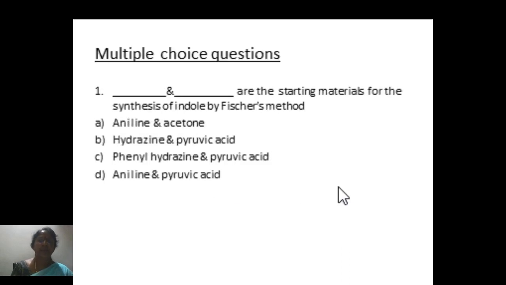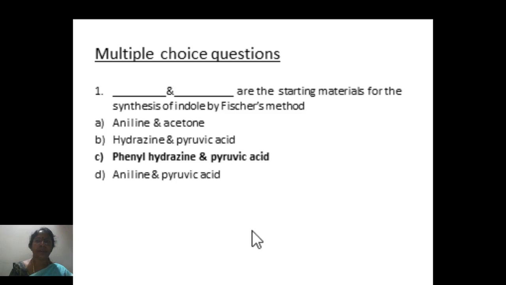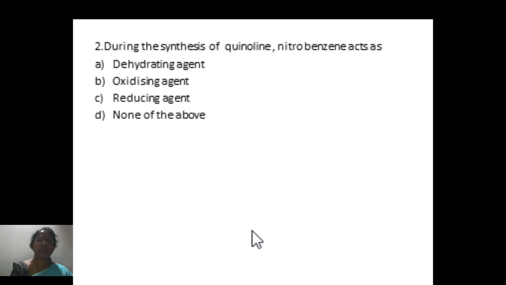Coming to MCQs, the first question: dash and dash are the starting materials for the synthesis of indole by Fischer's method. The right answer is phenylhydrazine and pyruvic acid. During the synthesis of quinoline, nitrobenzene acts as oxidizing agent.